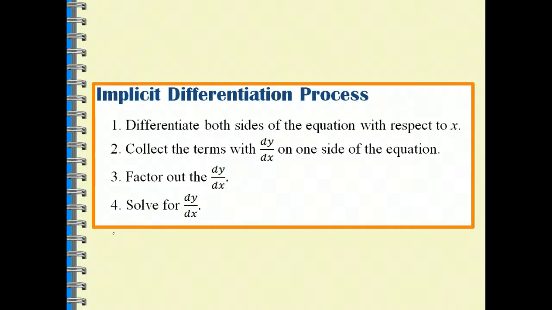First, we take the derivative of both sides with respect to x, and we do the product rules, quotient rules, any rules that may come into play with differentiation, and we collect all the terms with the dy dx on one side of the equation. So anything that has that dy dx that pops out, which will happen when you take a derivative of a term that has a y in it, we take all those and we put them together on one side. We factor out the dy dx, and then we can solve for dy dx.